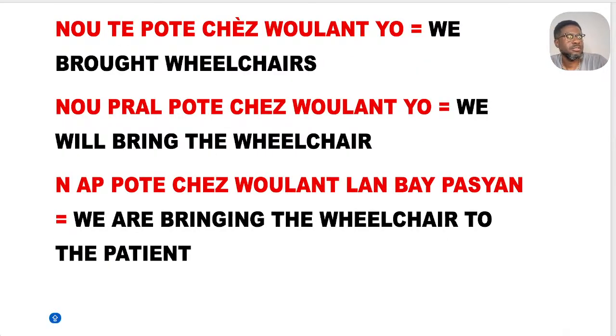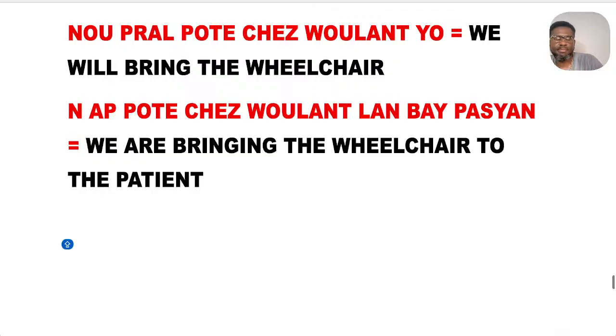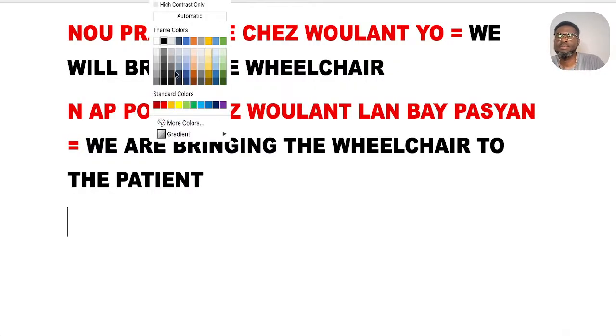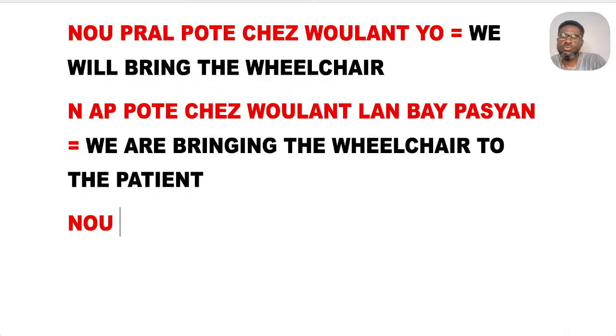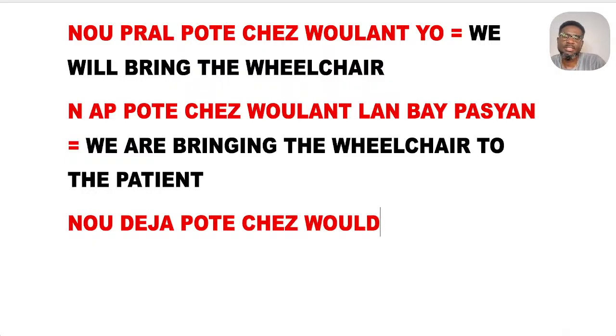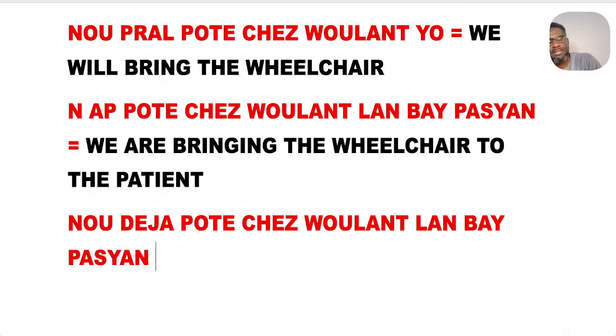All right, what else do we have? We have present perfect, okay? Finally, we have present perfect. Present perfect, nous déjà pote chaise roulante là, by patient. There you go. So here is very simple.